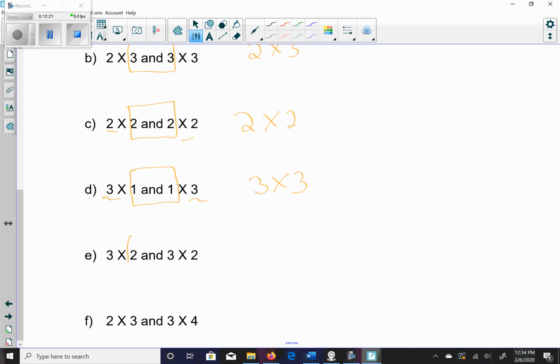E, 3 by 2 times a 3 by 2. They're the same size. I could add them, but since these two dimensions don't match, it is not possible for me to multiply these two. And then the last one, F, I have 2 by 3 times a 3 by 4. These two match, and my resulting matrix will be a 2 by 4.